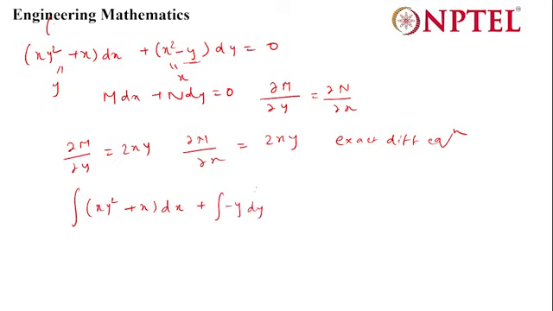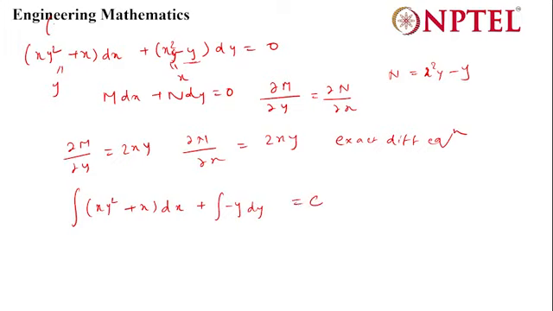Yes, ma'am. There is no y. There will be x square y. Sorry, your N will be x square y minus y. So this will be minus y dy is equal to c.